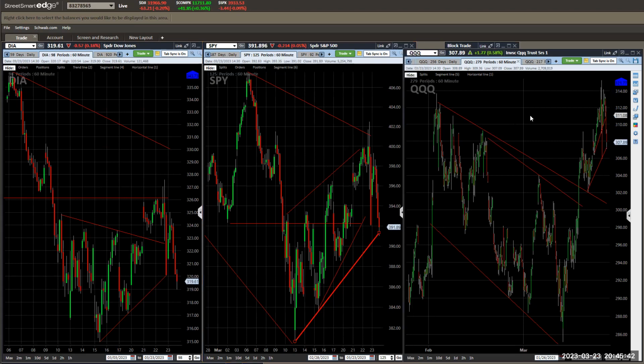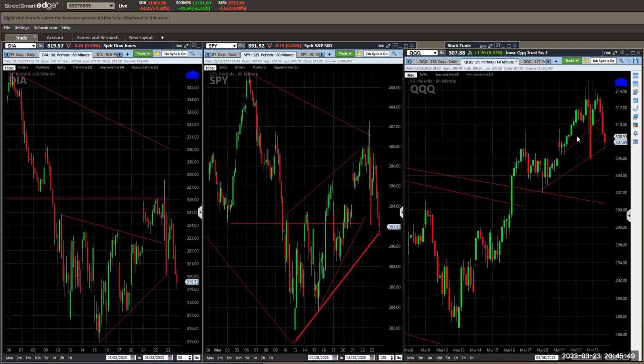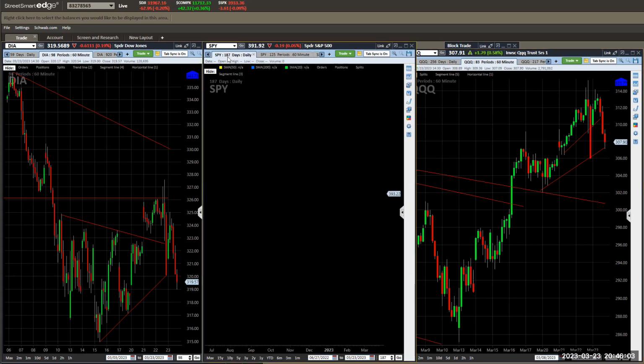Okay, and in the Qs, if you see on a 60-minute, we broke out of the bull flag, and now we're in this new area, it was some sort of support, but I wouldn't really call that a support because the capitulation here was very quick. Let's move on to the day graph, okay?